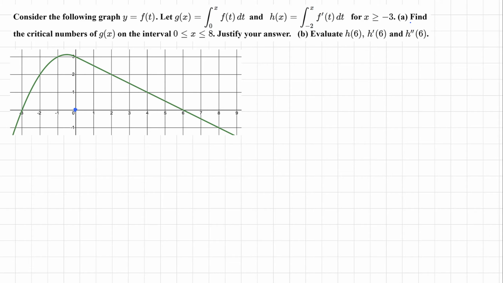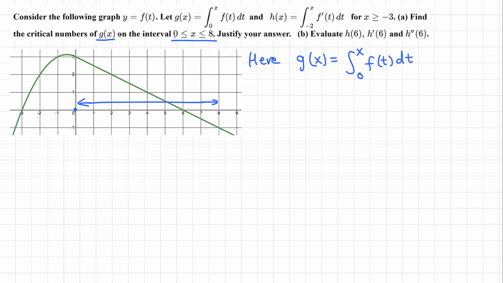In part A, find the critical numbers of function g on the interval 0 through 8. So the new function g, let me write here. Here, g is defined as the definite integral 0 through x of f.